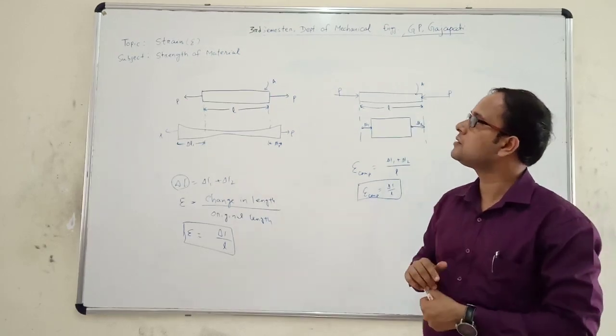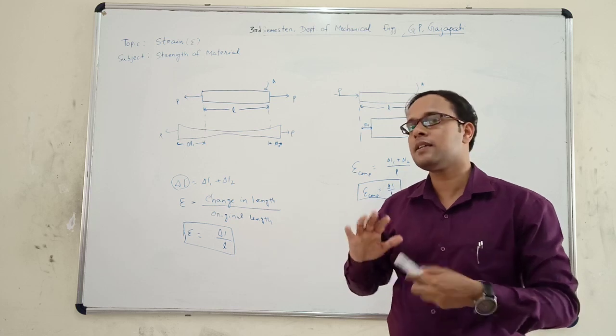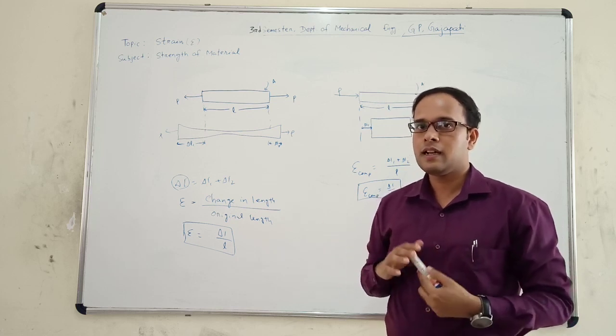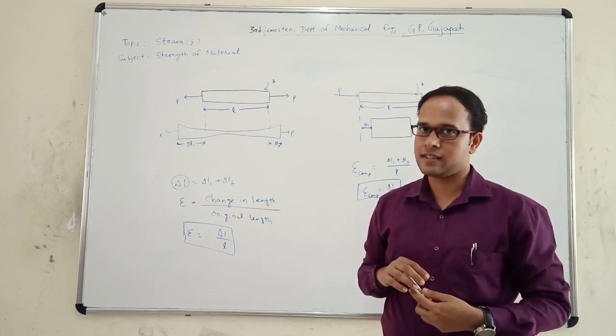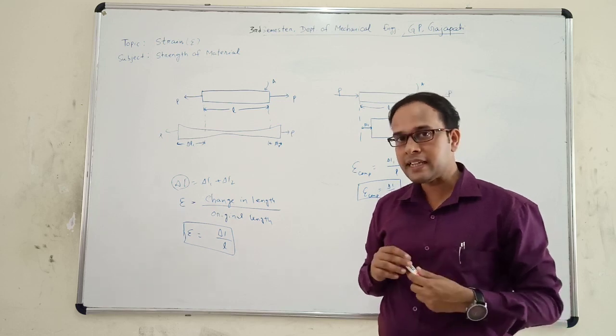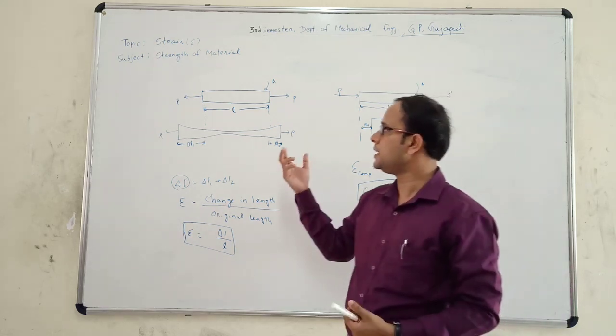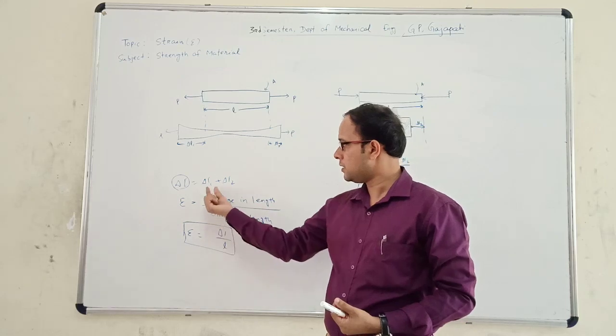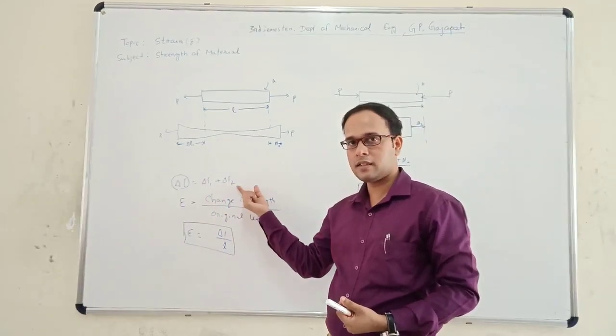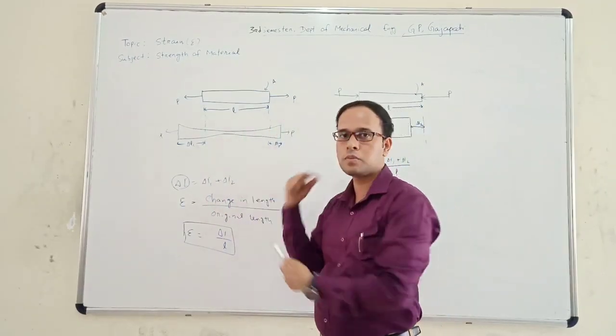Now we can categorize the strain in another way: linear strain and lateral strain. What is linear strain? If we take the change in dimension in the direction of application of force.